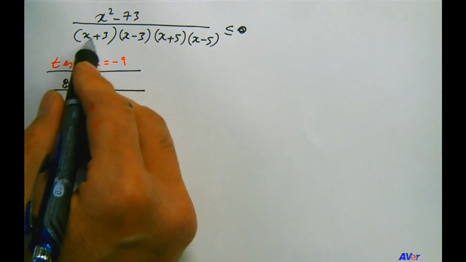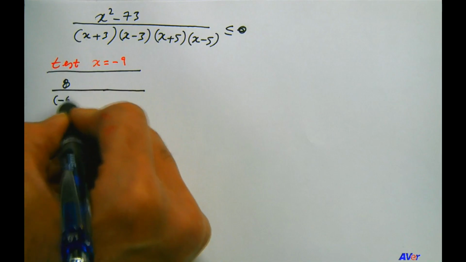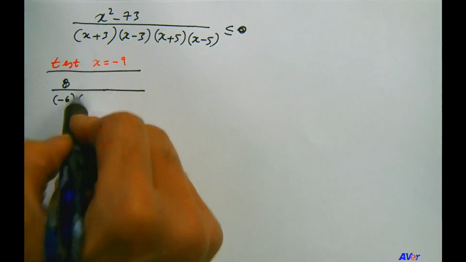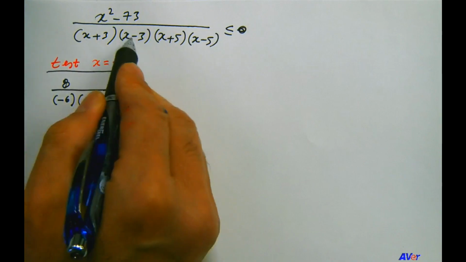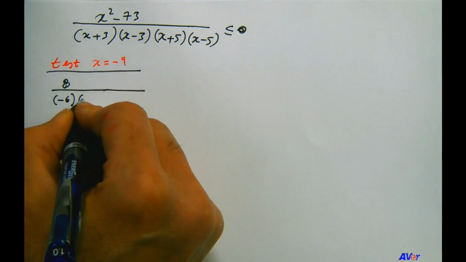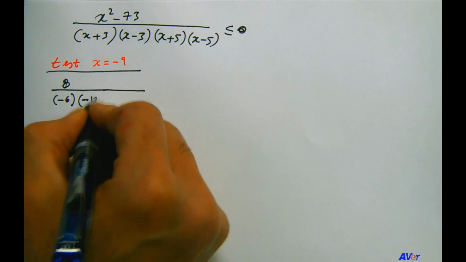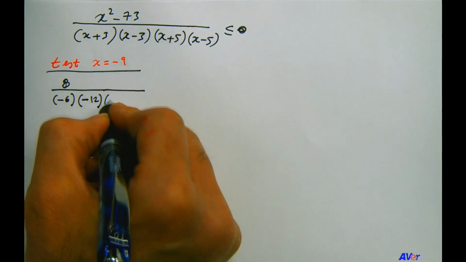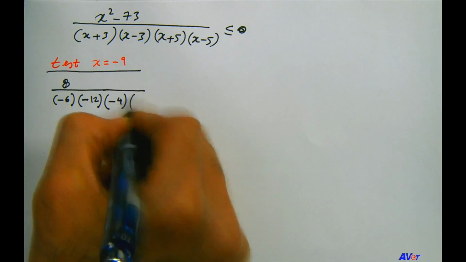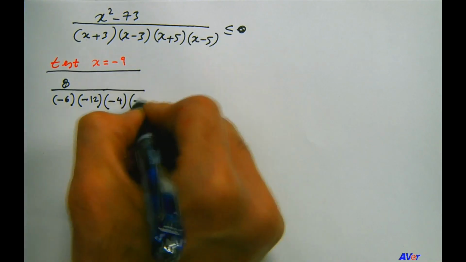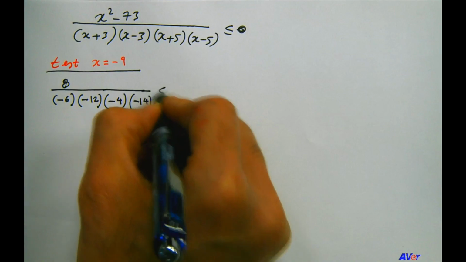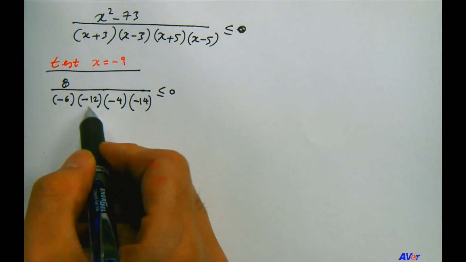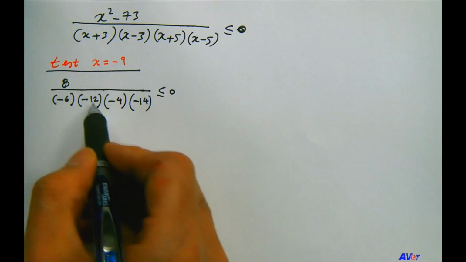negative 9 plus 3, that's negative 6. Negative 9 minus 3, that's negative 12. Negative 9 plus 5, negative 4. Negative 9 minus 5 is negative 14. So what we're looking for is not the exact value, but whether this number is positive or negative.